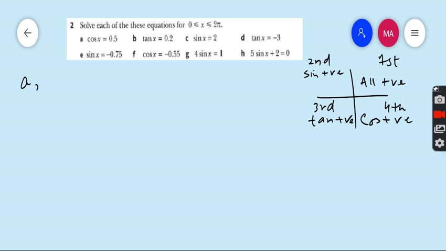Now, this is part A. Cos x is equal to 0.5.